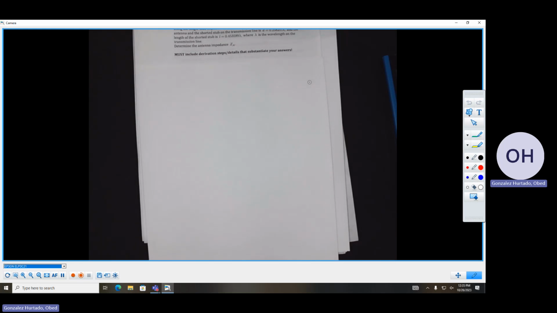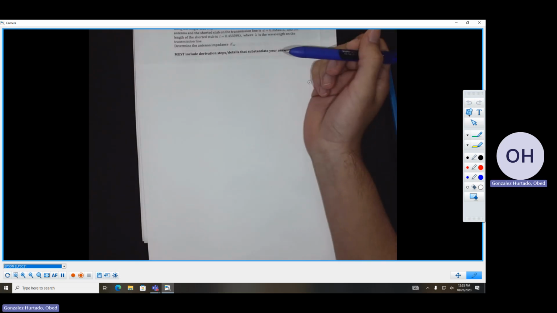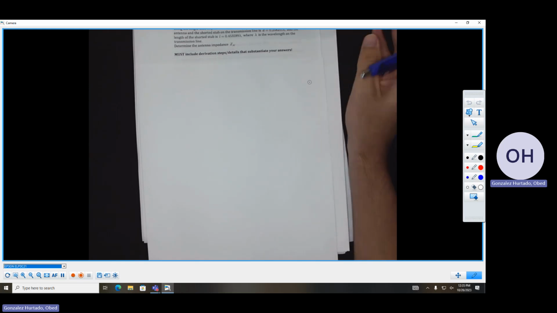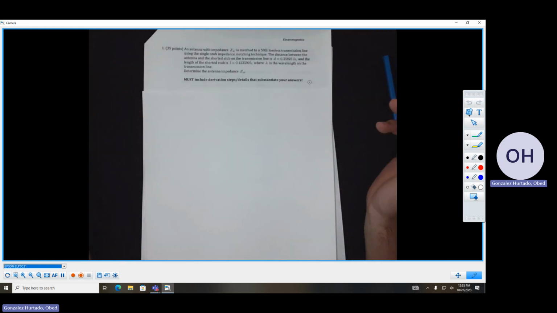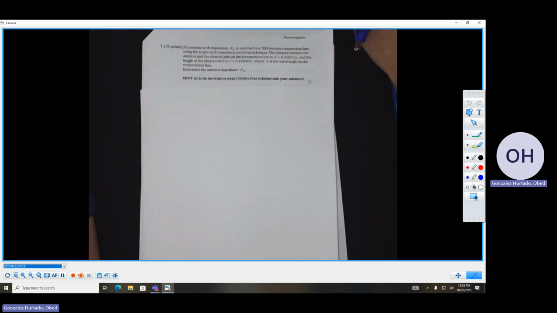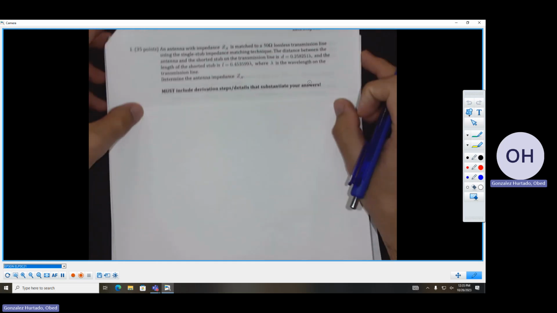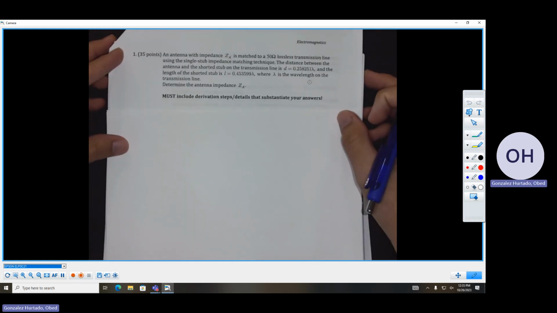So we are given an antenna that has an unknown impedance that is in a transmission line of 50 ohms.